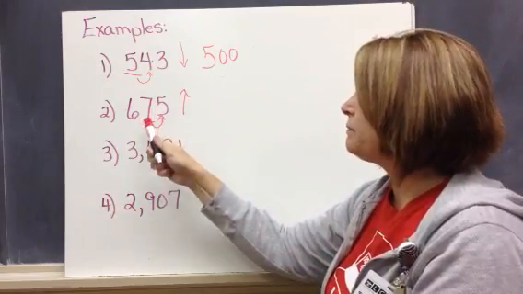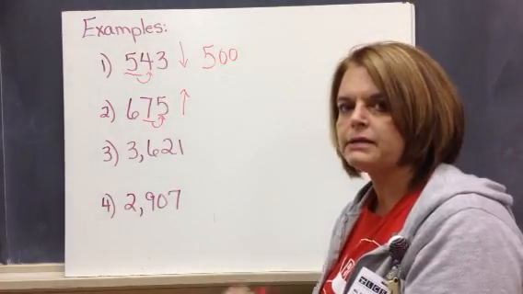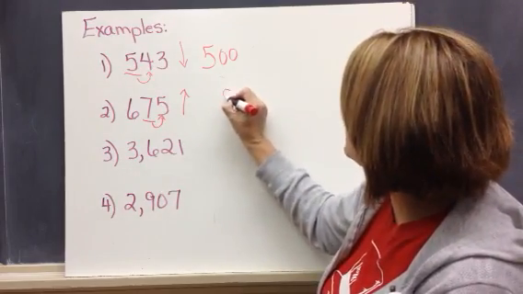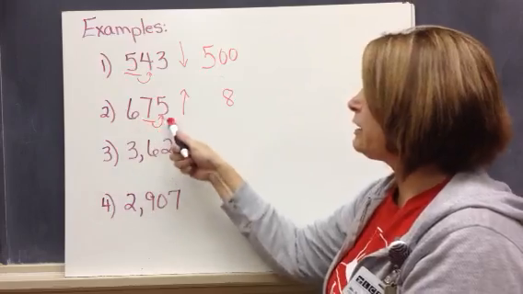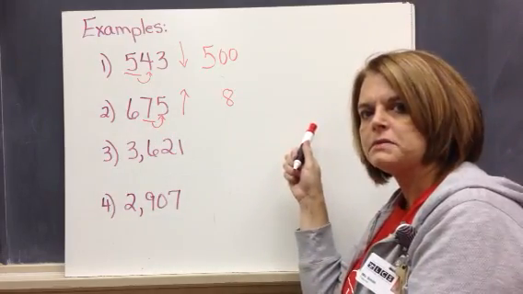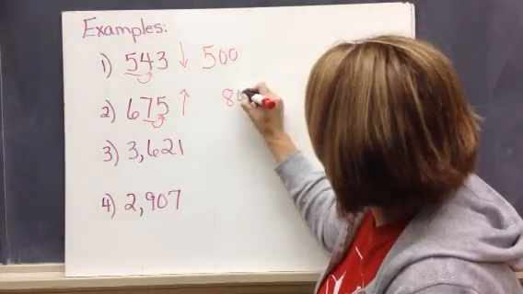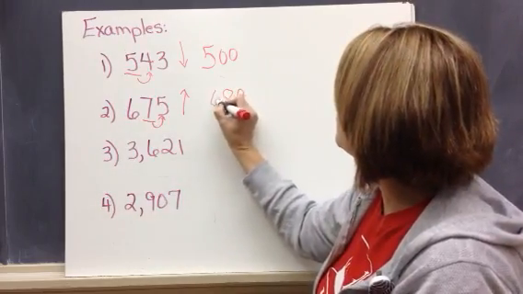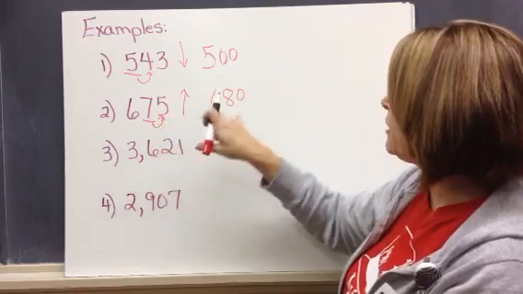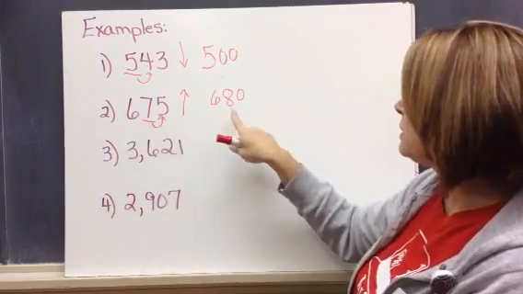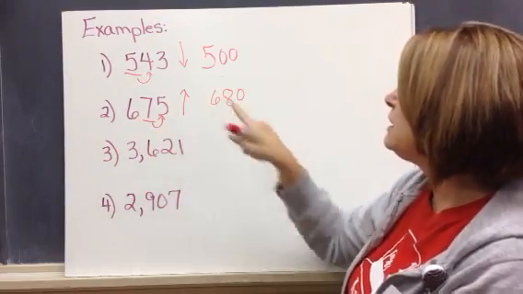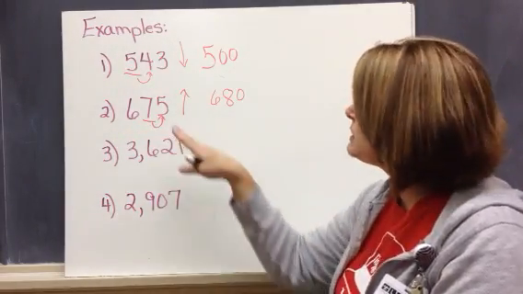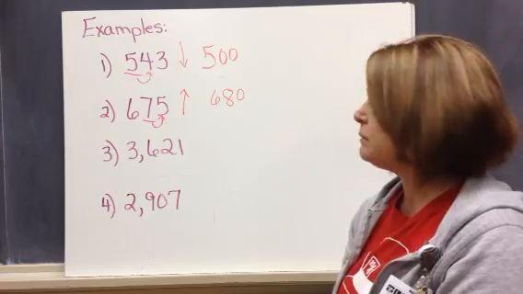When I round up, the number in the rounding place gets 1 added to it. So my 7 becomes an 8. Everything to the right becomes a 0. Everything to the left stays the same. So my 5 becomes a 0, my 7 becomes an 8, and my 6 stays the same. So 675 rounded to the nearest 10 is 680.